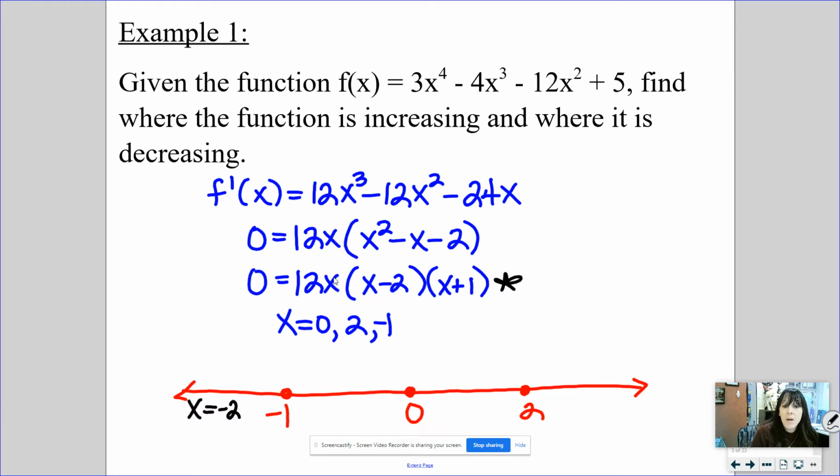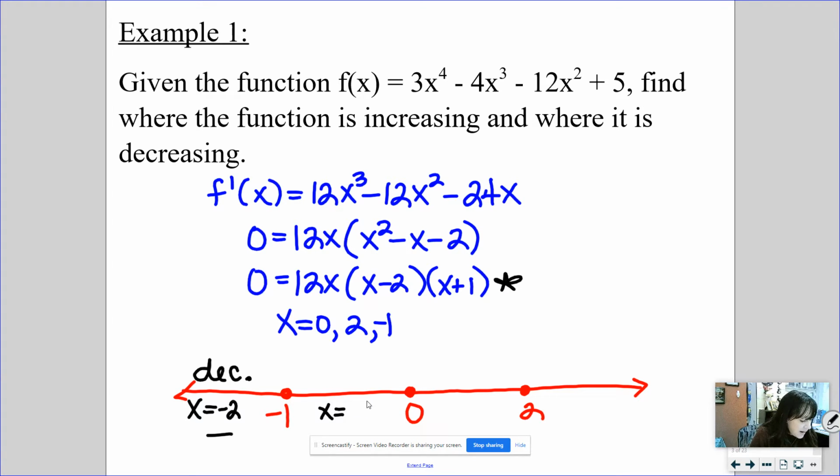If I plug -2 into this factored form, this group, when I multiply by 12, is negative something, and -2 plugged in here is negative something, and -2 plugged in here is negative something. So that gives me a negative answer, which means that my graph is decreasing from -infinity to the first critical number, which is -1.